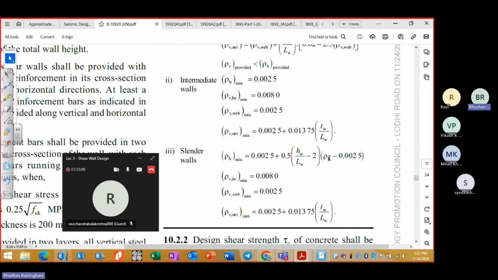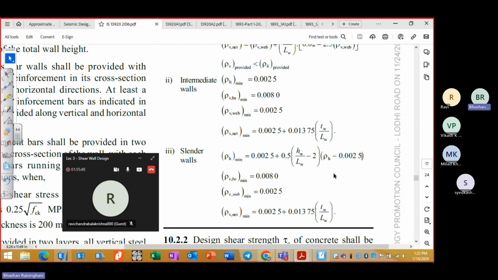Right now, if you have not provided anything, the minimum will be 0.25% if it is not required. Then at least 0.25%. If it is required, then your minimum will also increase. So how much minimum is provided, from that the addition will be there in rho h minimum. From 0.25% it will increase. So up to squat and intermediate, 0.25 was the minimum, but for slender it will add.